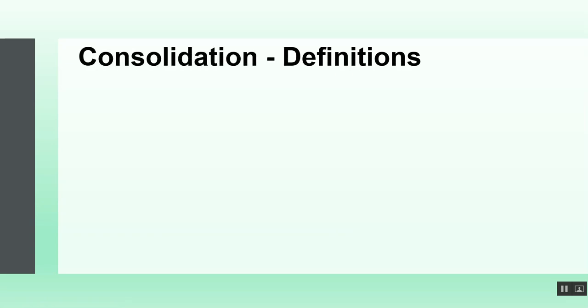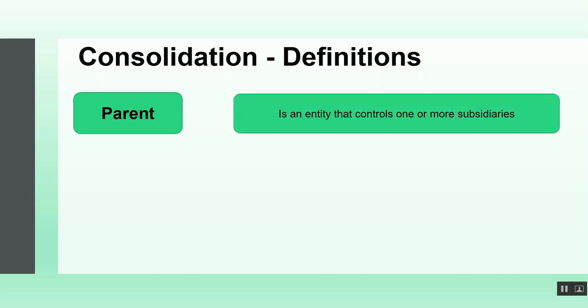Now, there are some basic definitions we should know in understanding the consolidation process. The first one is the parent. A parent is an entity that controls one or more subsidiaries, or else we can call it the acquirer, the entity that obtains control of the acquiree.